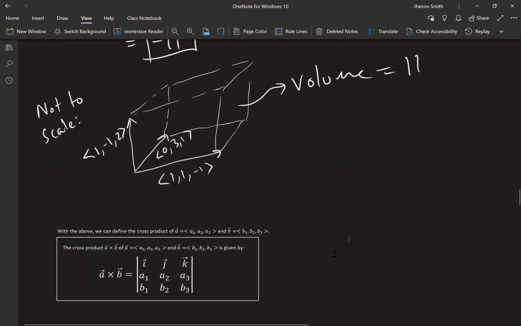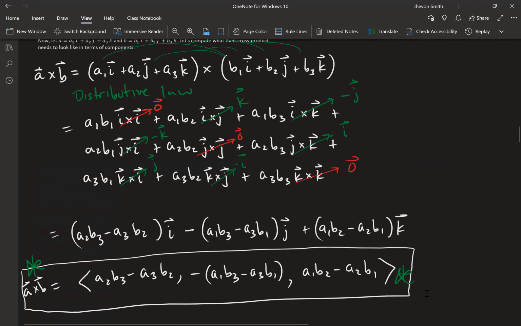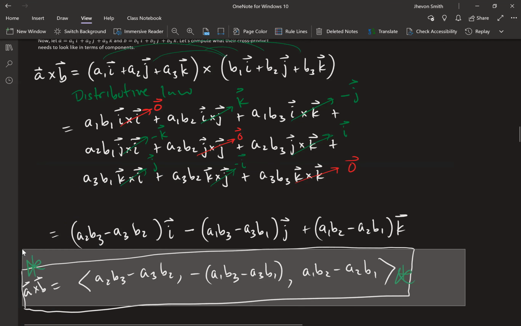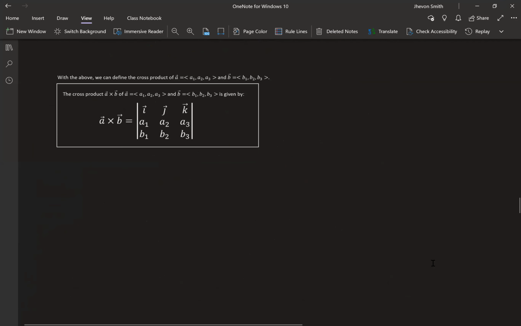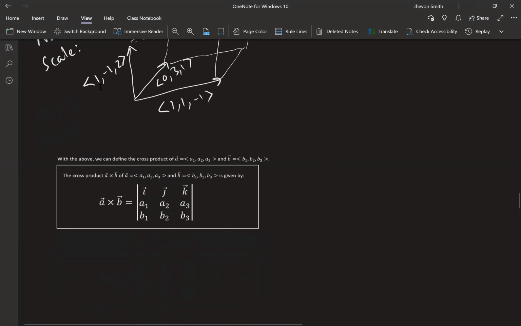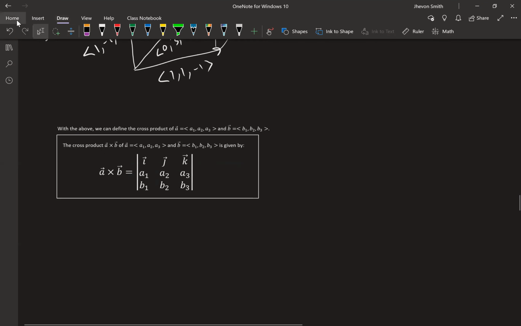This now gives us the power to compute a cross product to figure out this formula right here in a very nice way. In fact, with the above, we can now define the cross product in a different way. We can now define the cross product as a 3 by 3 determinant.